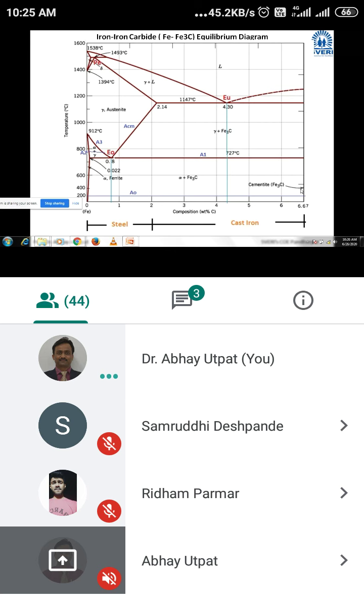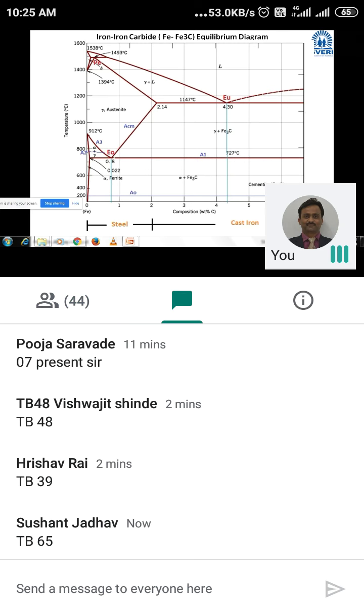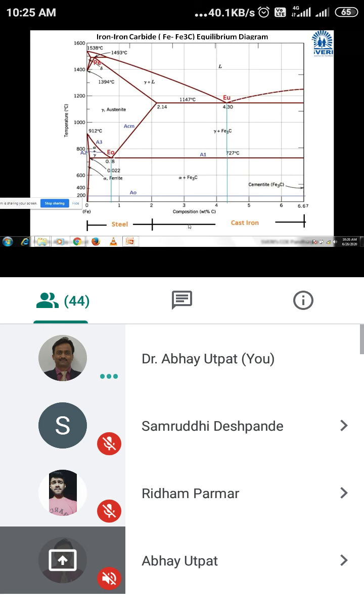Means at 6.67% of carbon, cementite is 100%. If you come to the left hand side, alpha ferrite is 100%. Here the percentage of carbon is not written, only 0 is written, but you can write down it is 0.008.